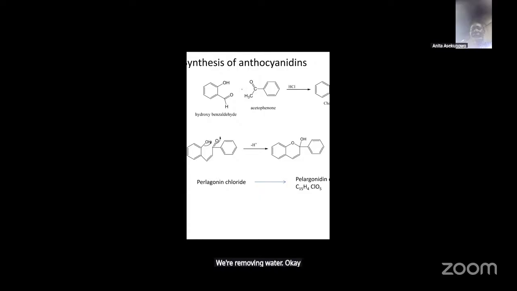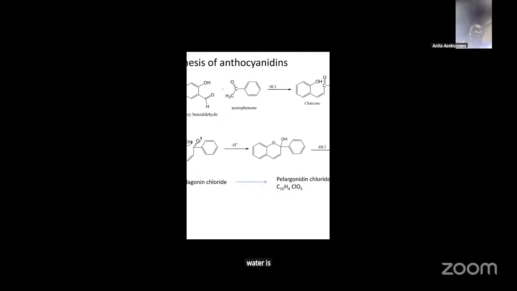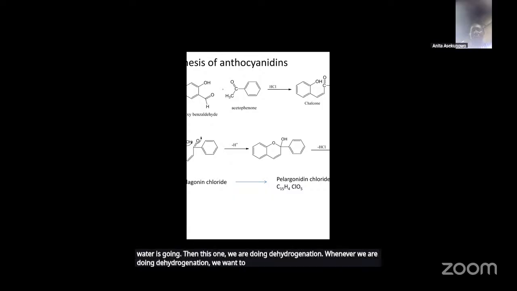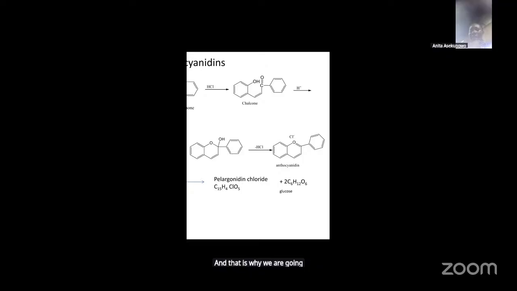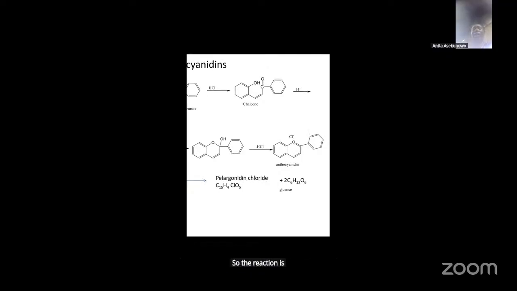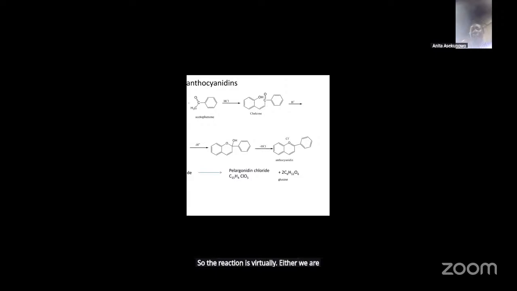In the presence of an acid, what happened? Water is going. Then this one, we are doing dehydrogenation. Whenever we are doing dehydrogenation, we want to form a double bond. And that is why we are going to form our anthocyanin. So the reaction is virtually either we are adding or removing.